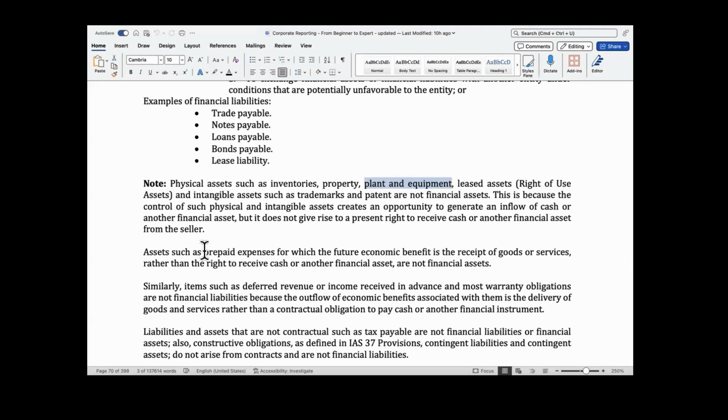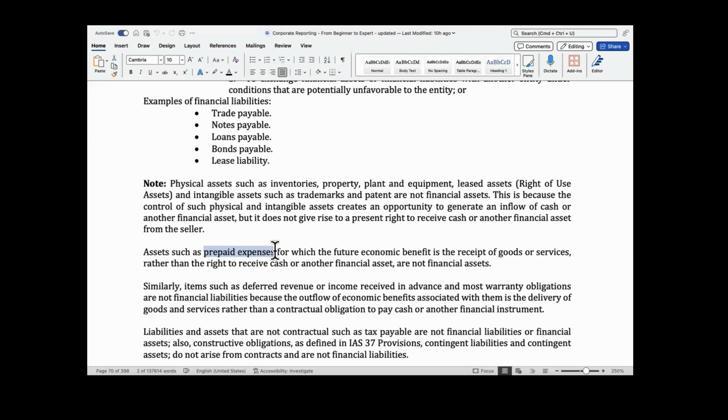Furthermore, items like prepaid expenses, like you paid rent in advance, prepayments, it has to be very clear that it is not a financial asset, because such payments in advance will give you right to service, will give you right to goods. It's like you paid for goods in advance.